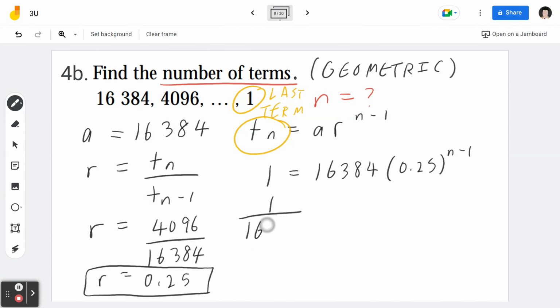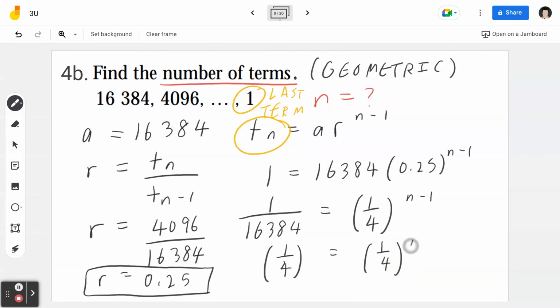So divide by 16,384. On the right, this is 0.25, so 1 divided by 4. Now, there are 2 ways of doing this. The method you want to think about in grade 12 would be to log both sides or ln both sides. But there's also a second approach, which is a little bit different. This requires a little bit of practice.